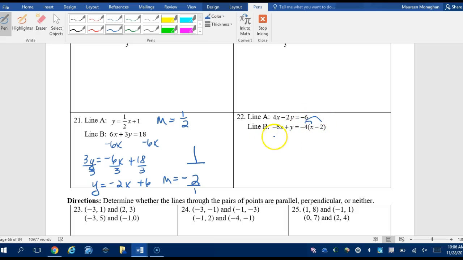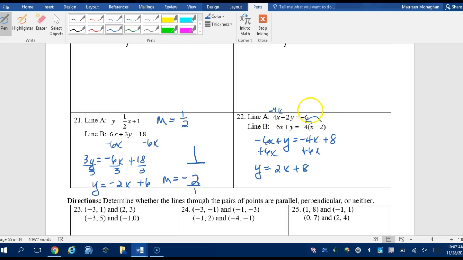Let's distribute the 4, negative 4x plus 8, that's a negative in front of there, add 6x, y equals 2x plus 8. Oh, I gotta do this one too.